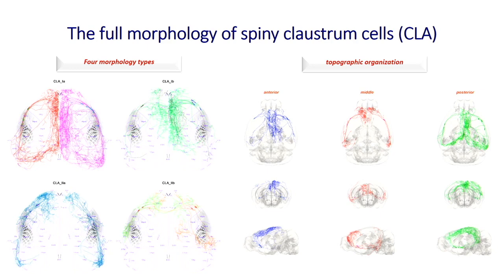So it's very interesting that although the claustrum is a very small structure, we can still see the axon morphology varies depending on the soma location, in the anterior, middle or posterior part of the claustrum. So this presents a topographic organization.